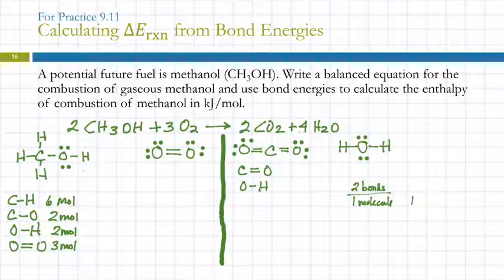Okay, let's do this. So if I multiply this by Avogadro's number, you have 2 bonds in 1 molecule and you have 1 mole per that many molecules. This is not going well.